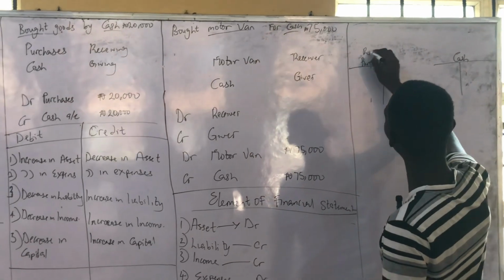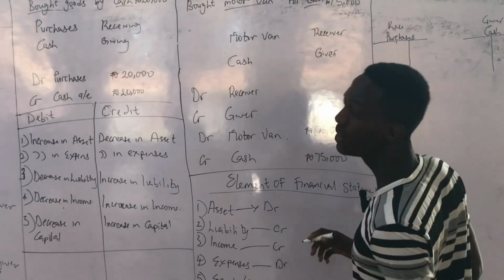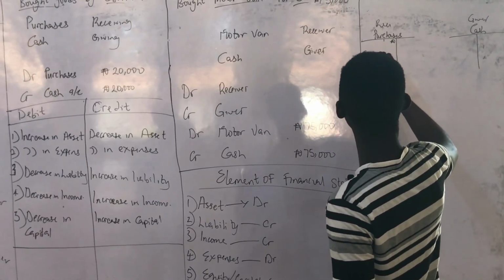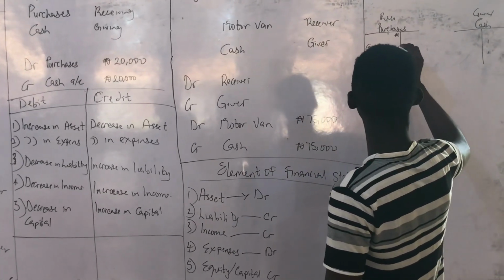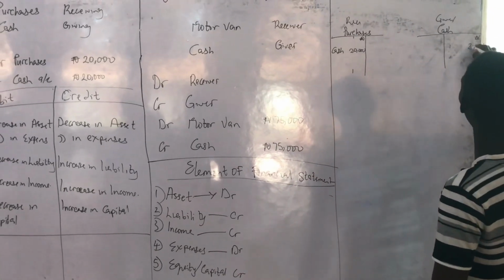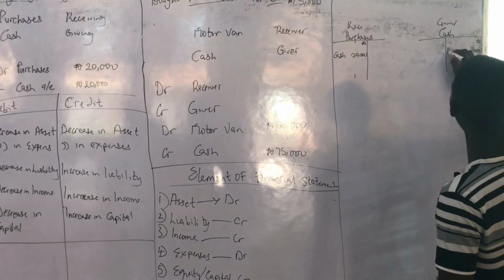Remember, this is the receiver, and this is the giver. So what happens to the receiver? You debit the receiver. So now I'm going to debit purchases with cash, 20,000 naira. Then you credit the giver with the same amount. The particular you put is purchases.